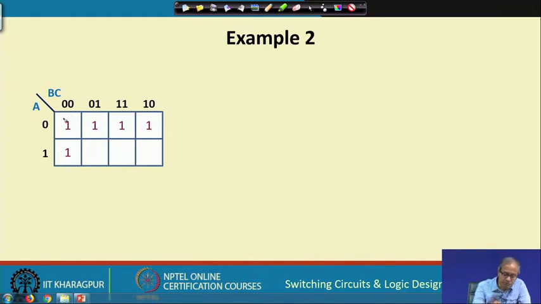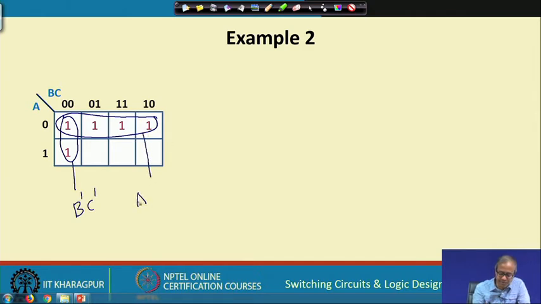So, if you want to follow the right process, the cubes will be, this is one cube and this should be one cube, all 4 cells together, because as I told you, you can combine any power of 2 number of cells as long as they are adjacent. So, if you do this, the first one will correspond to again B bar C bar, second one will correspond to, it is the first row.